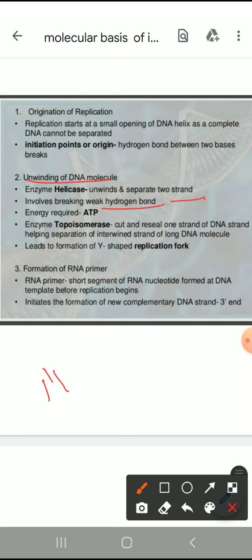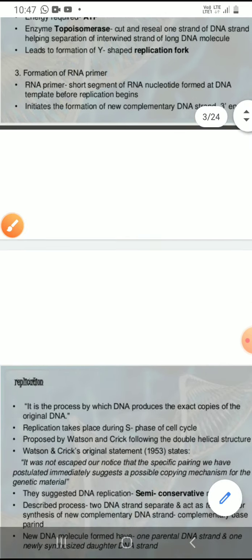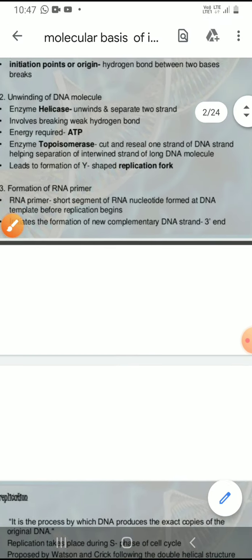Then formation of RNA primer, a short segment of RNA nucleotides formed at the DNA template where replication begins. Initiation is the formation of the new complementary DNA strand at 3'. Okay, get it?